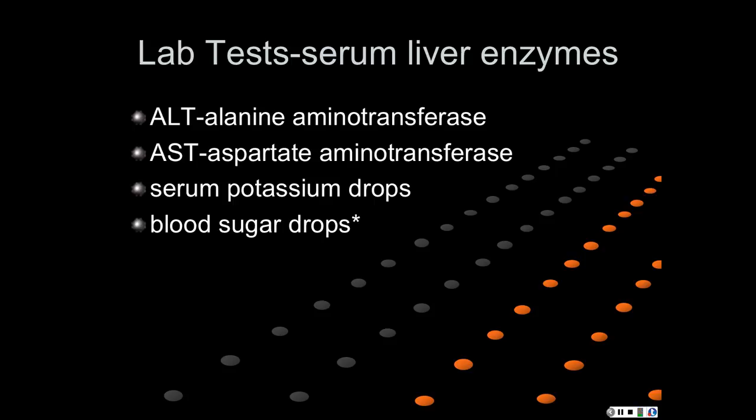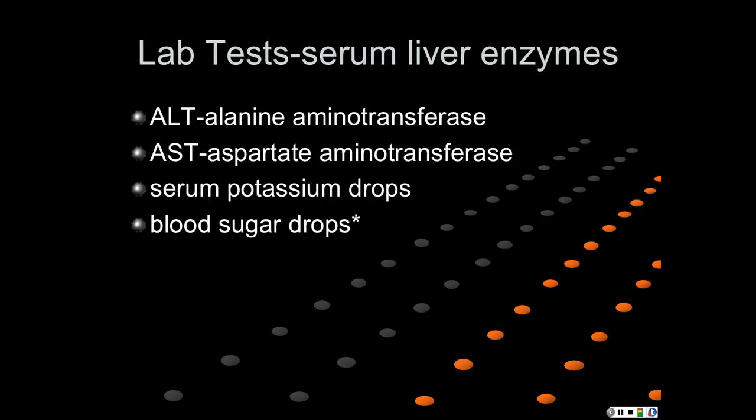As long as you see ALT and AST, you have to remember that's the liver enzyme test. Okay. ALT stands for alanine aminotransferase, and AST stands for aspartate aminotransferase. Like I said, those full names are nice to know.